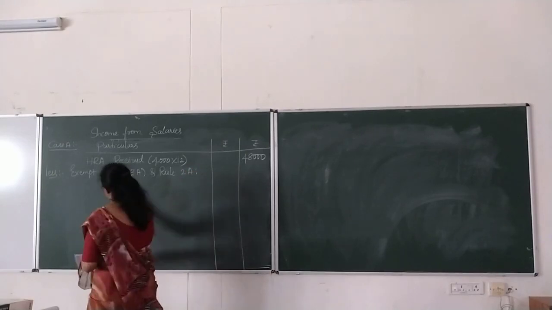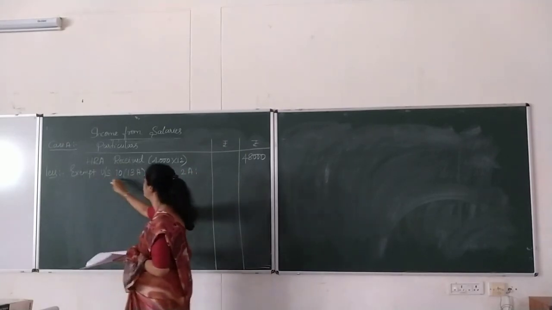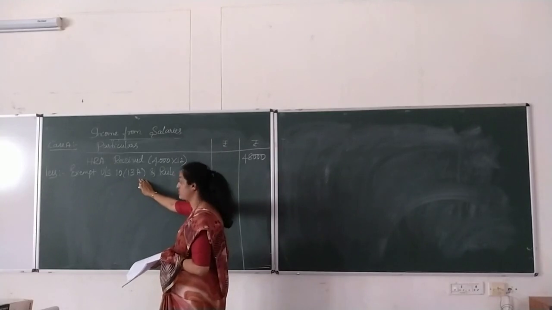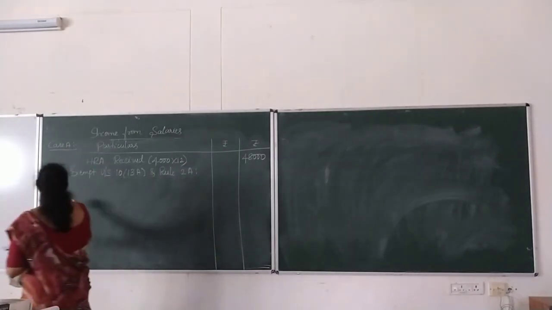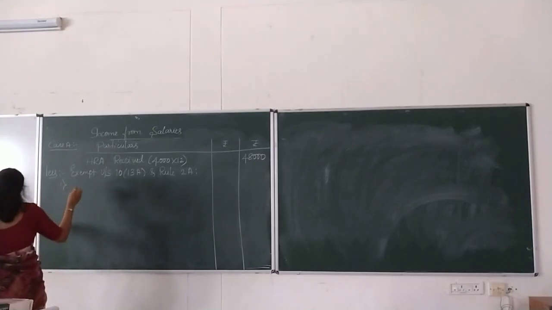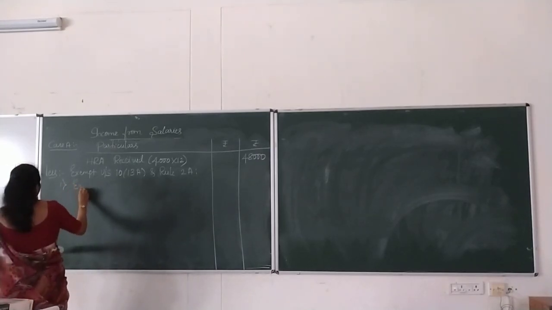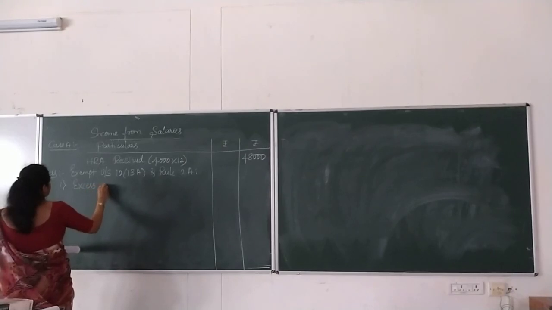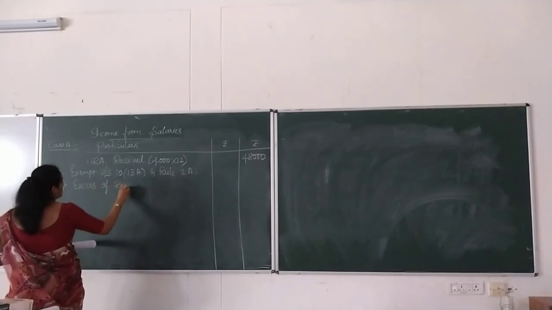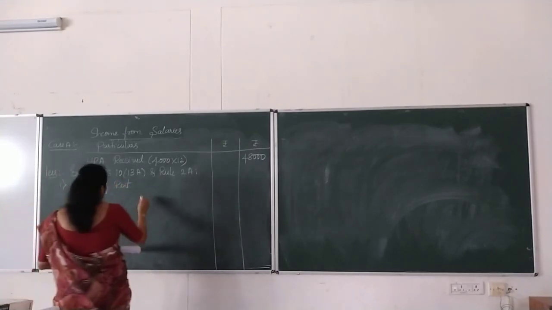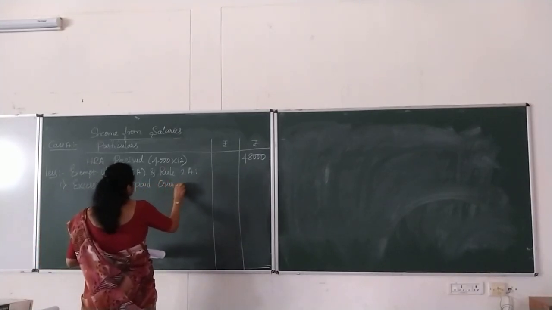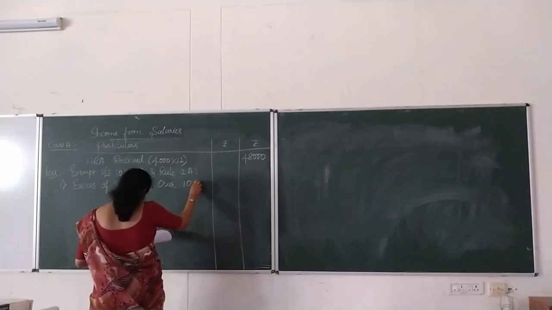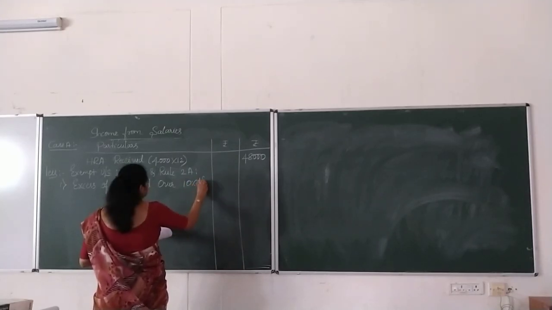Now, the least of the three that I wrote, we take as the exemption under section 10 subsection 13A and rule 2A. Here the first one is excess of rent paid over 10% of salary. So we need to find out the salary now, correct?